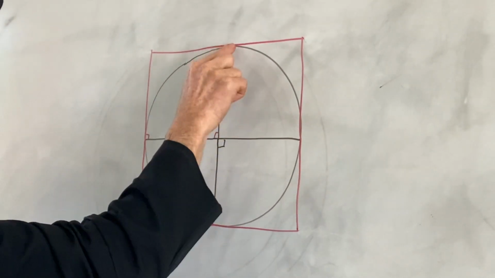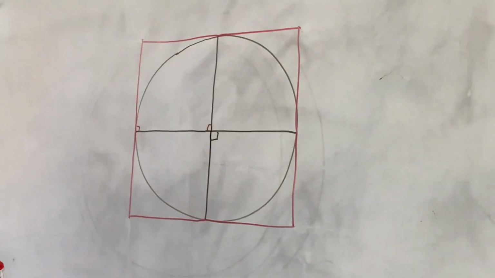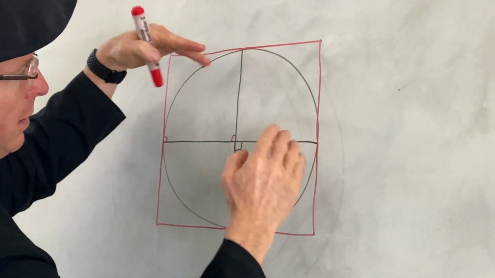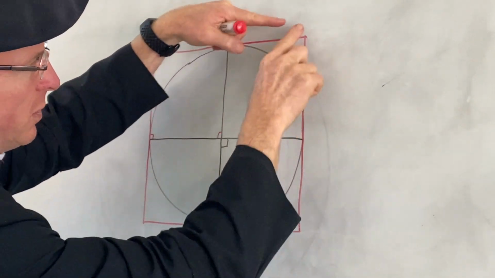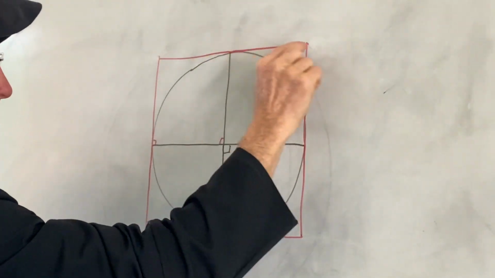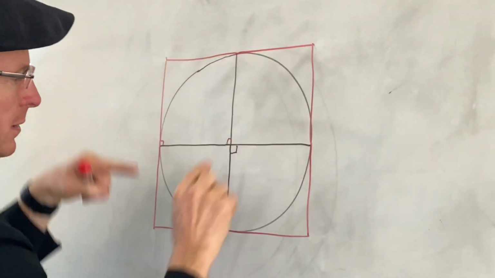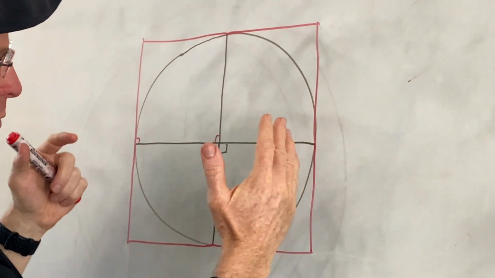Like here, if this is a right angle and this is a right angle, this little thing and this little thing are less than right angles, so therefore added together, less than two right angles. Therefore, a straight line falling upon two straight lines, creating interior angles less than two right angles, they're eventually going to meet. So we know that this is going to meet this, and this is going to meet this, etc. Okay? So you have parallel lines being connected, and they're parallel as well.